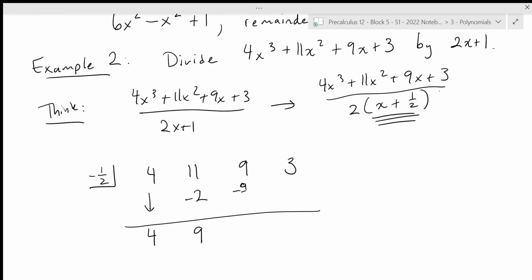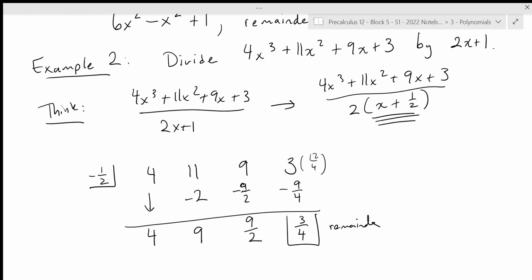Adding them together, we get positive 9/2. 9/2 times -1/2 is -9/4. So negative 9 over 4, and 3 is 12 over 4. So 12 over 4 minus 9 over 4 is 3 over 4. So this is my remainder.